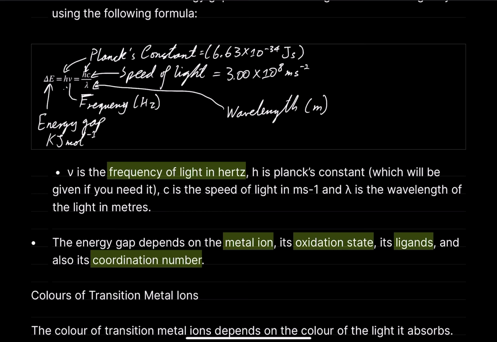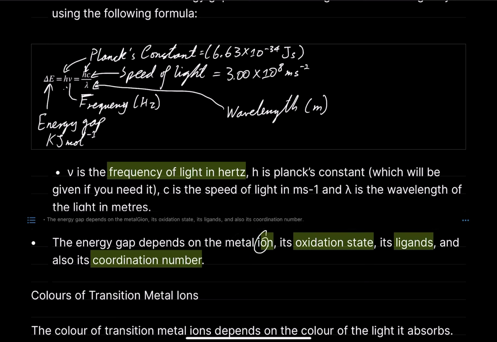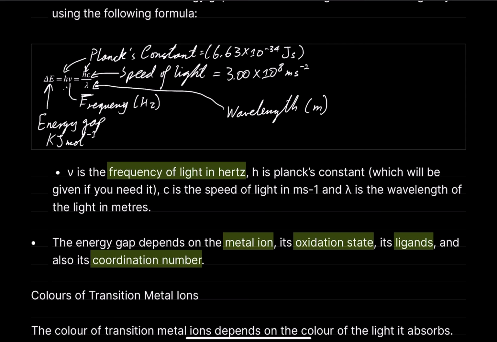So the metal ion, the oxidation state, ligands, and the coordination number all have an effect on the energy gap. And that's obvious, right?